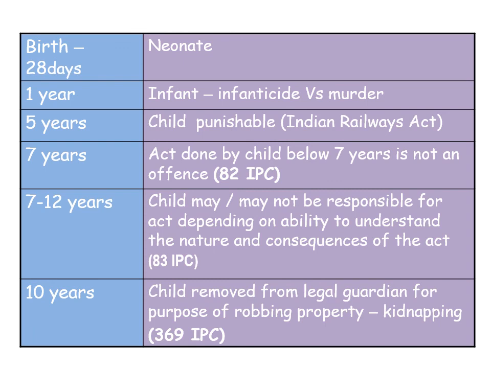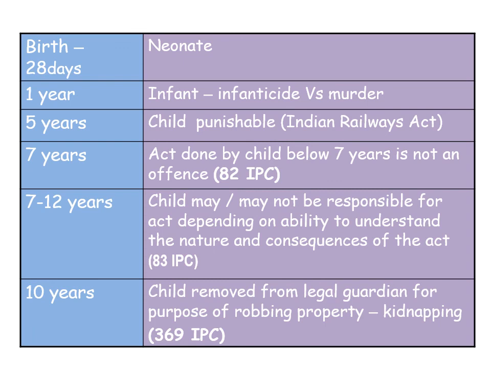At 5 years, a child is punishable for illegal acts done knowingly or unknowingly as per the Indian Railways Act, whereas an act done by a child below 7 years is not an offence as per 82 IPC.